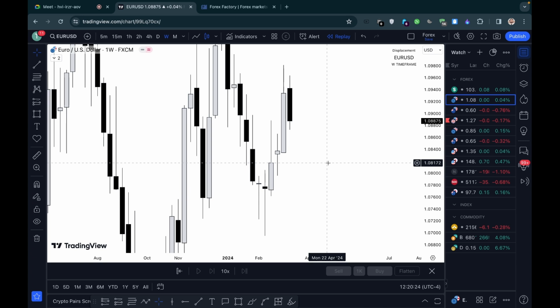Let's go to daily. In daily, what has actually happened is that price fails to close below this low, and we have a favorable gap here, right?